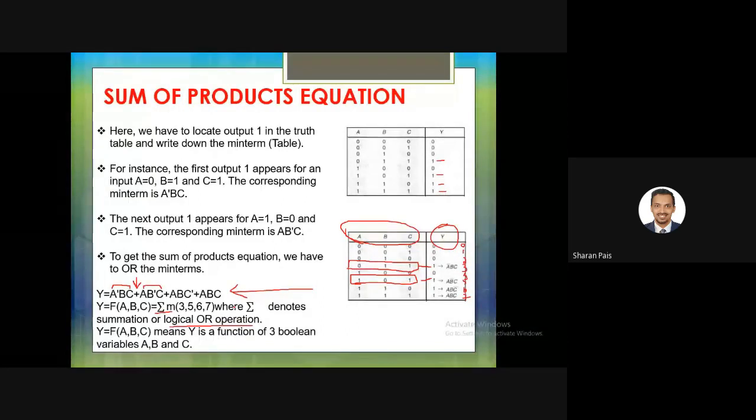That's it. That is your final SOP equation. So they'll ask, give the SOP equation for a truth table. They'll give one table, then you have to write the SOP equation. So any doubts till now? Anyone is having any doubts of writing the SOP equation?